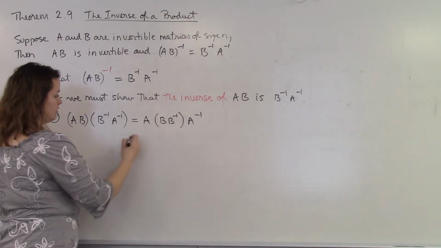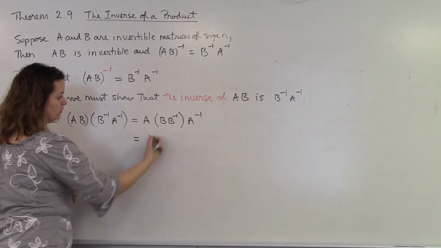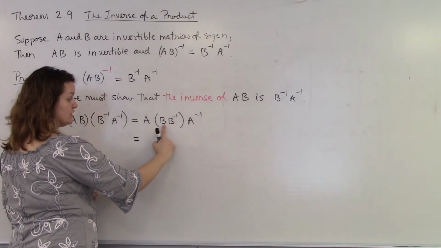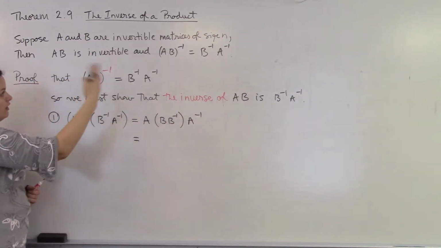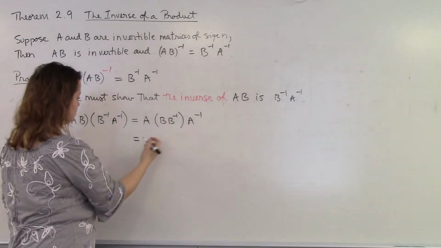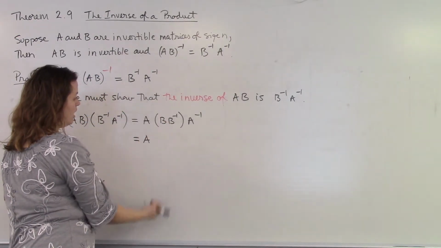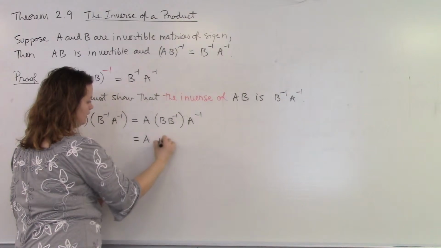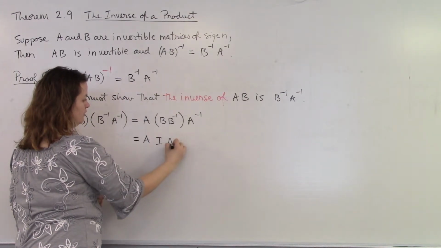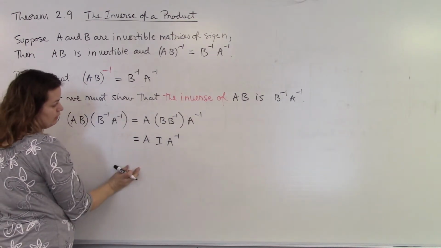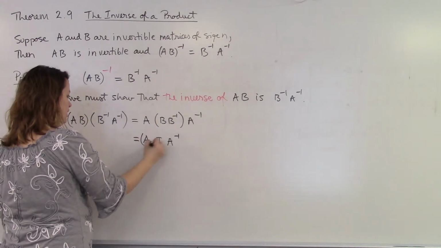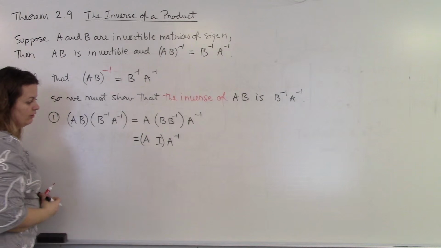Okay, so this now equals, I know that B inverse is the inverse of B, right? I'm assuming they're invertible, and I know what the notation means, so I don't have to explain it. B times B inverse is the identity matrix times A inverse. It doesn't matter which way you multiply times the identity matrix, so you may as well multiply the first two together.